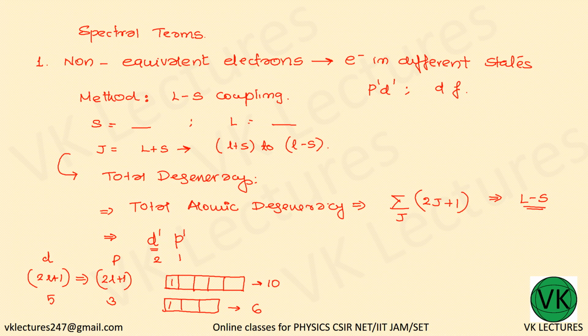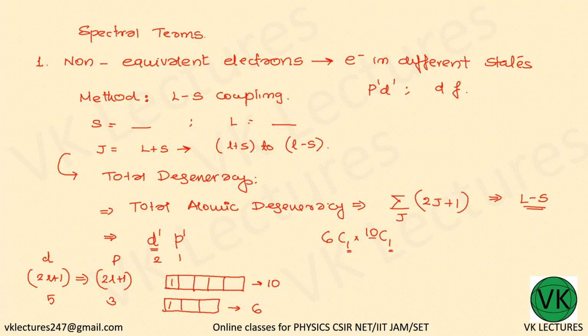Now how to find the total degeneracy? You can do 6C1 times 10C1. That means out of 6, 1 position is occupied, and out of 10, 1 position is occupied.